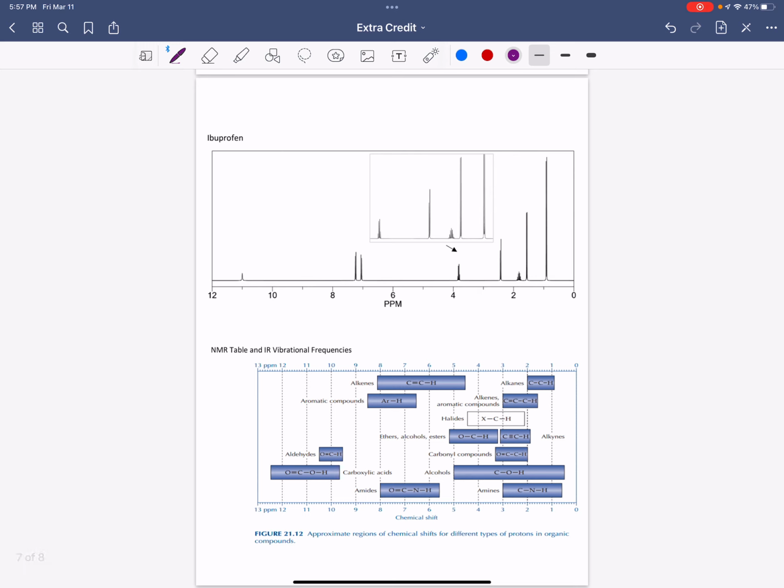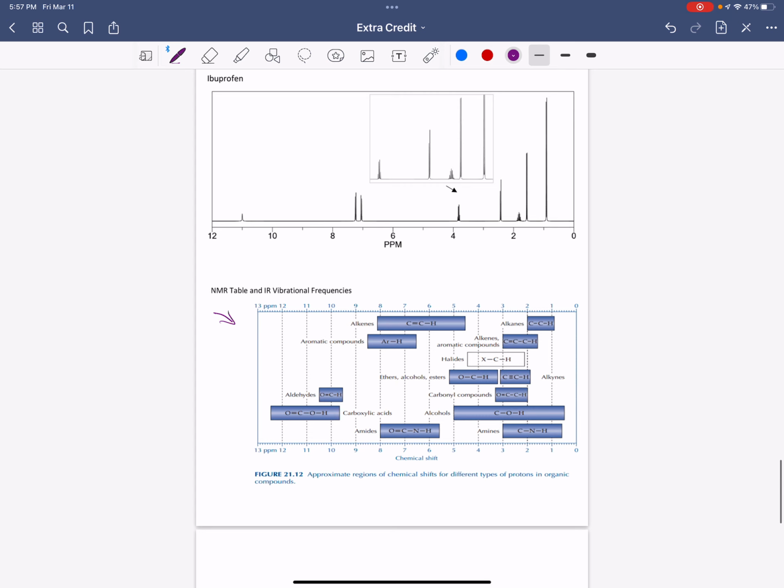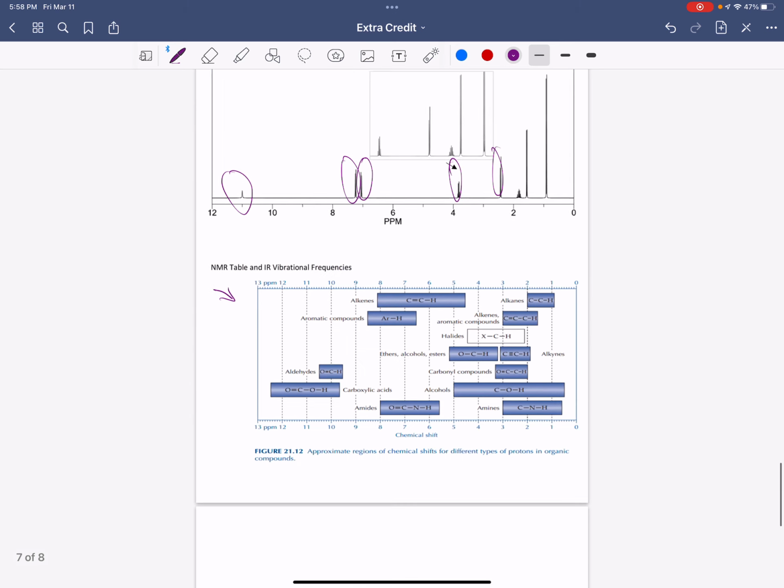Okay. And then next is ibuprofen, and just basically do the same thing. And so when looking at this table and the different positions of signals, we can find the structure.